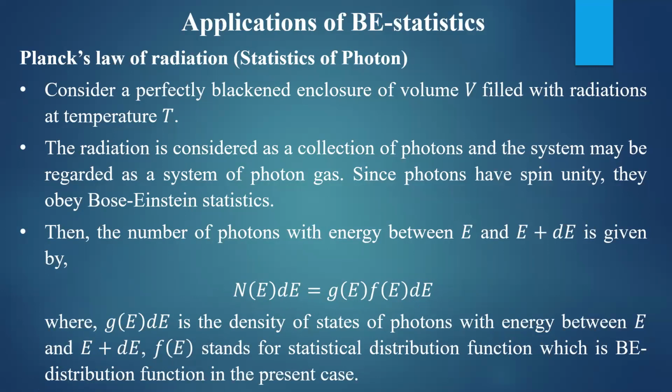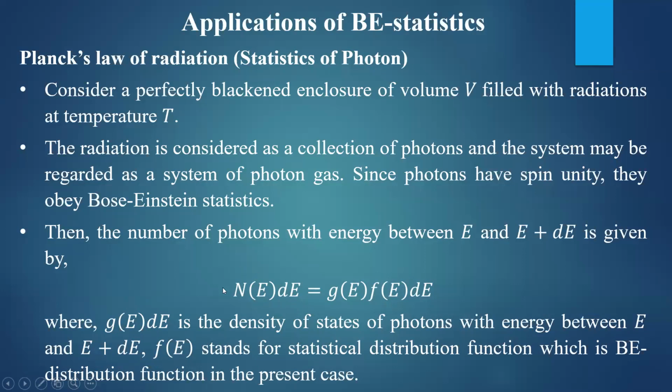Here G of E into dE is the density of states of photons with energy between E and E plus dE. They are the number of available states or number of energy levels. And F of E stands for the statistical distribution function, which is here the Bose-Einstein distribution function, because the distribution function applicable to photons is the Bose-Einstein distribution function.